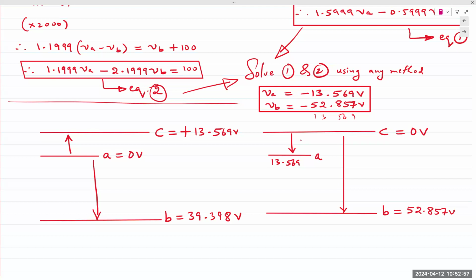But the graph, when you plot it out, would be exactly the same. When you calculate your resistor values, they also will be exactly the same. Even though your node voltages are different, your resistor voltage answers would be the same. And that's why it does not matter what node you choose as your reference node.